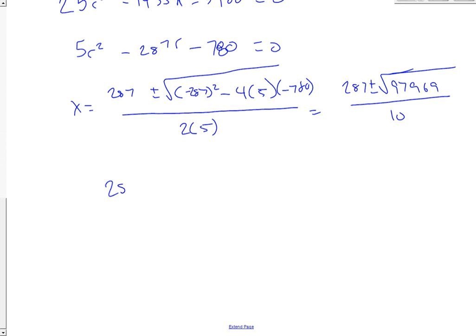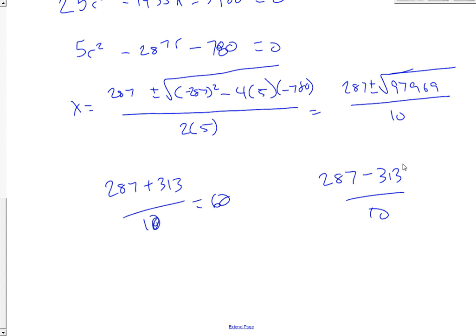So I will get 287 plus 313 over 10, and I will get 287 minus 313 over 10. 287 plus 313 is 600, and you divide that by 10, you will get 60. Over here, when you subtract, you're going to get a negative answer, so that's not going to count because you cannot have a negative rate.